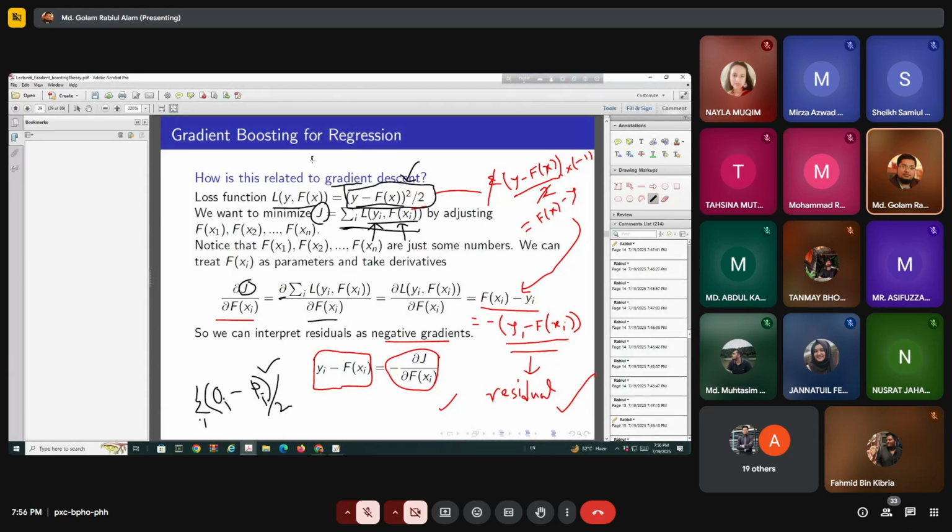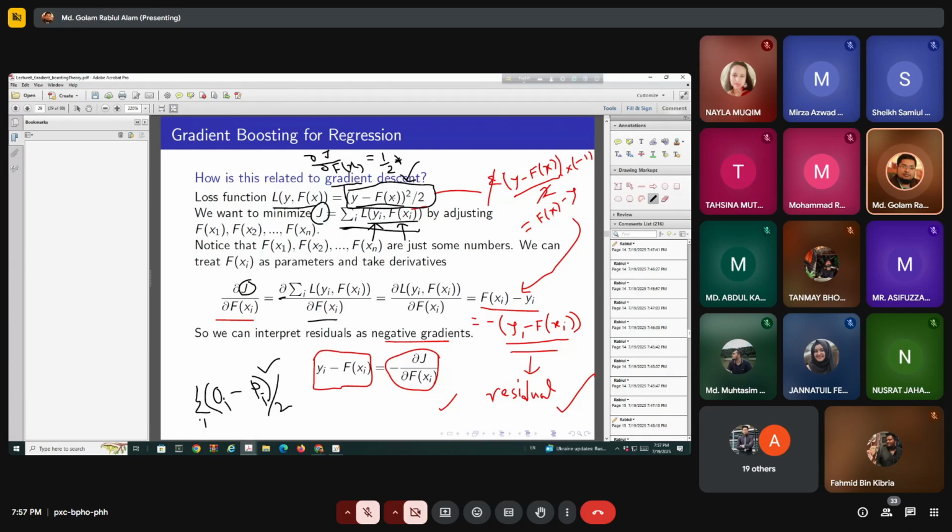So if we take the derivative of our J with respect to f of x, what will we get? Y minus f of x squared divided by 2. You can see the divided by 2, so a half is there.